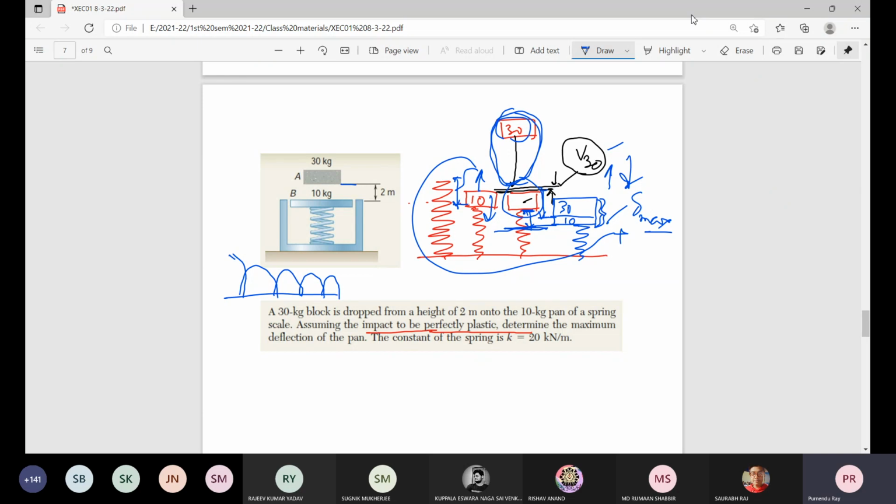So gradually it will come down, the maximum height attained. So please do some practice on this application of impulse, momentum, impact, direct central impact, and the combination of all this, the work energy principle and this impulse momentum method.